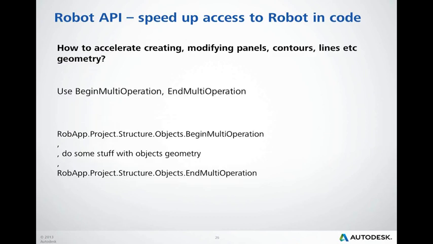How to accelerate creating and modifying panels, contours, lines, and other geometrical objects? Use BeginMultiOperation and EndMultiOperation methods. Before the code playing with this object geometry, use BeginMultiOperation, and after the end of such code, use EndMultiOperation.